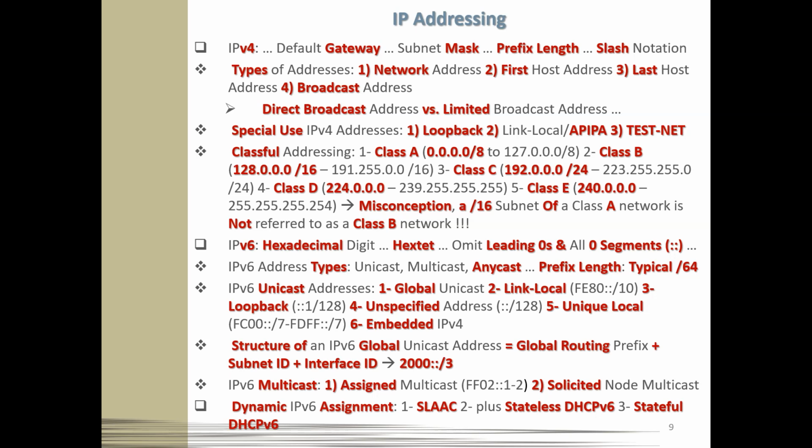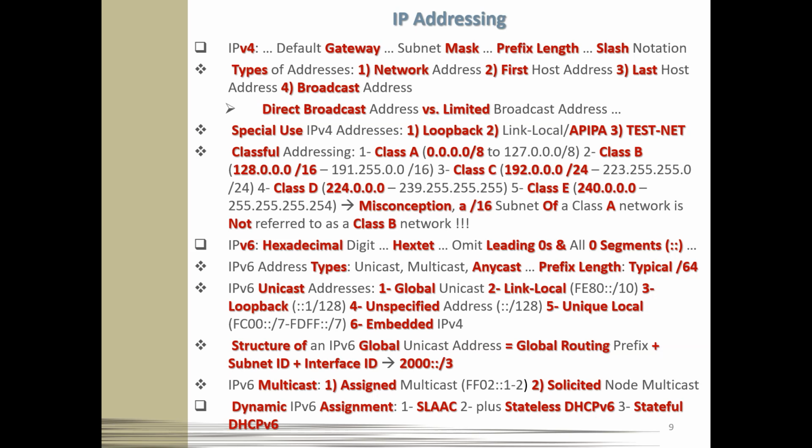Next, we have class C, starting from 192.0.0.0/24 all the way up to 223.255.255.0/24. This is known as class C.